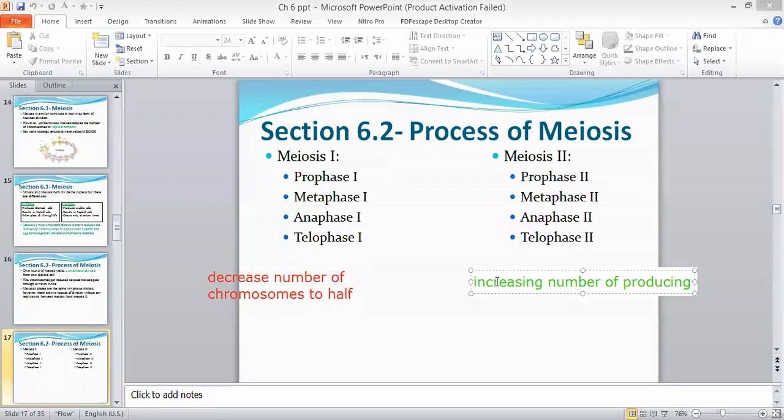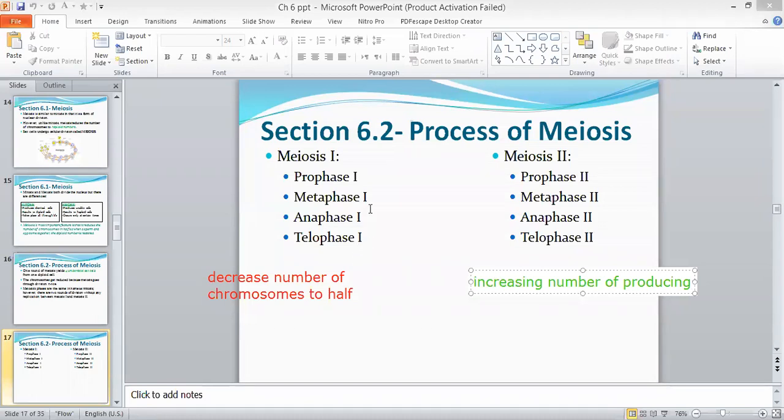Just 2 cells. Each cell divided into 2. Excellent. 2 producing cells, right? Yusuf, you got it? Yes, Mr. Okay.